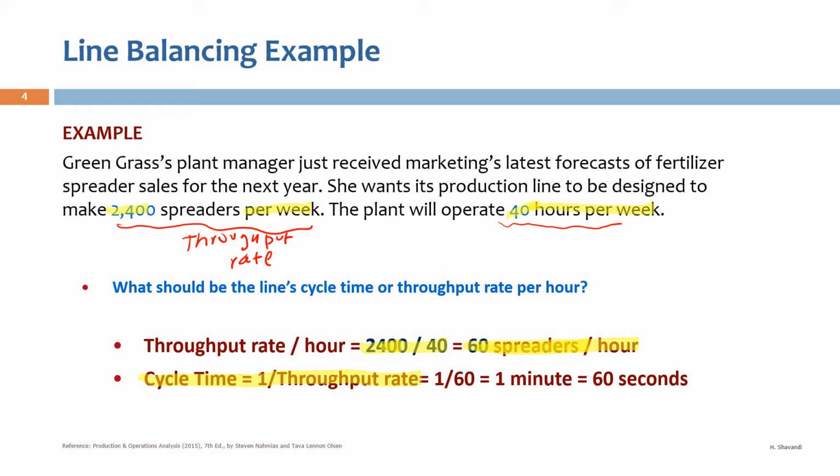But if we want it in terms of hours, the cycle time will be 1 over 60. Since each hour includes 60 minutes, then 1 minute or 60 seconds will be our cycle time here.